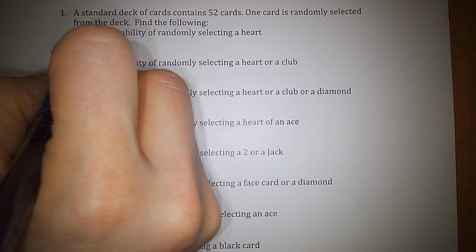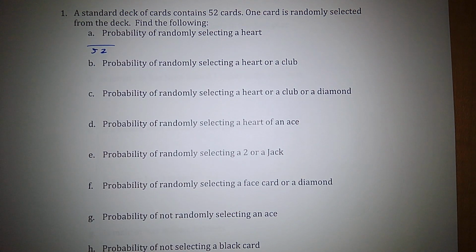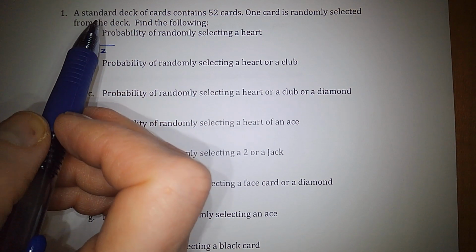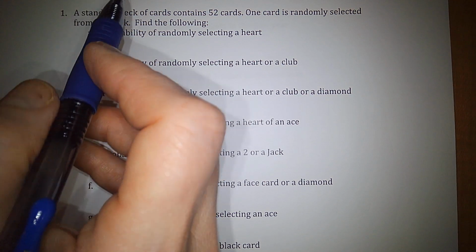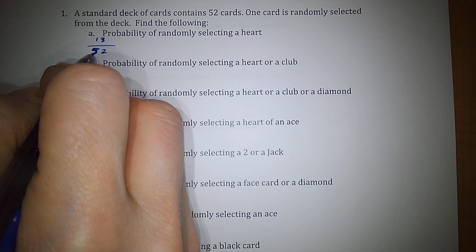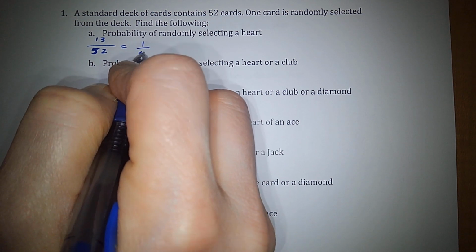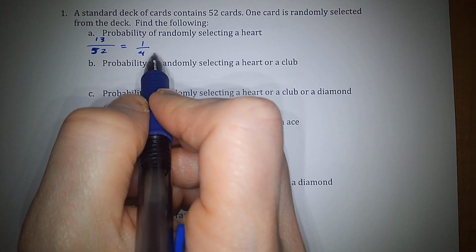So remember, it's always going to be out of 52 cards. So out of 52 cards, how many hearts are there? Well, from the picture above, count all of the hearts in the picture, and you'll see that there are 13 hearts out of 52.